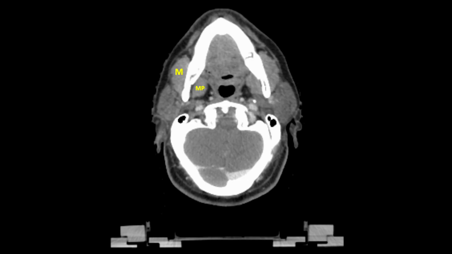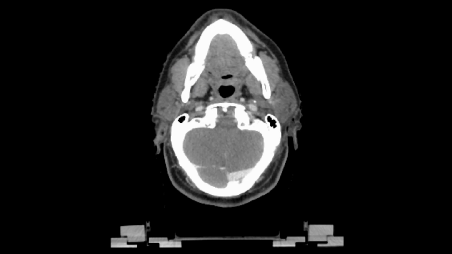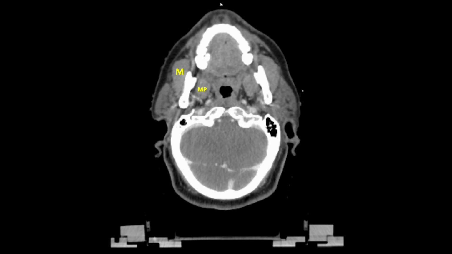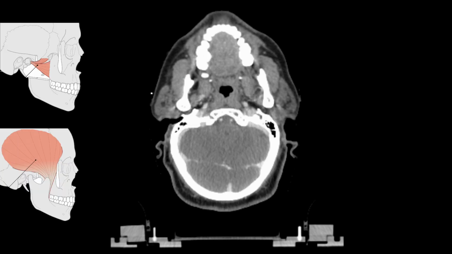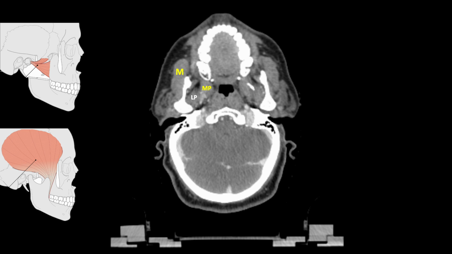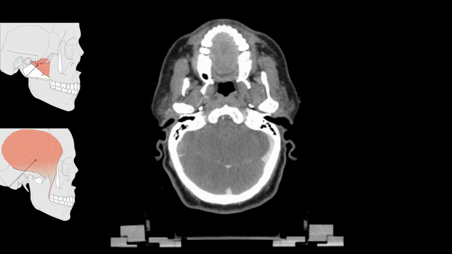Now we will label the temporalis muscle and the lateral pterygoid. So I'm continuing to scroll cranially. Now here, this is the lateral pterygoid muscle. And as we saw, it extends between the lateral surface of lateral pterygoid plate and the temporomandibular joint.